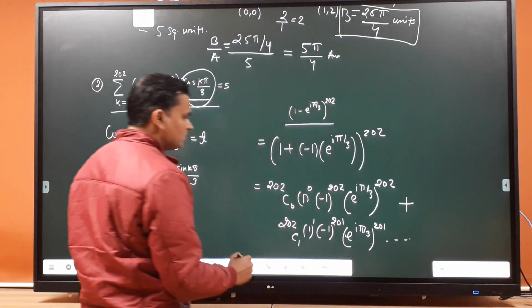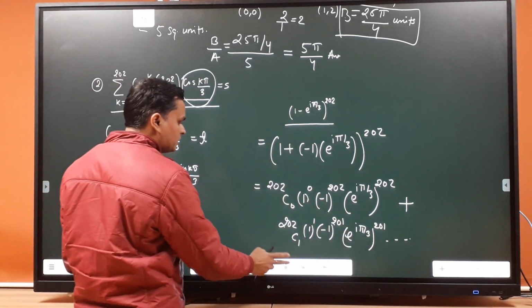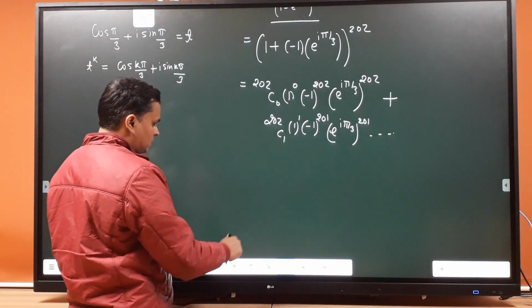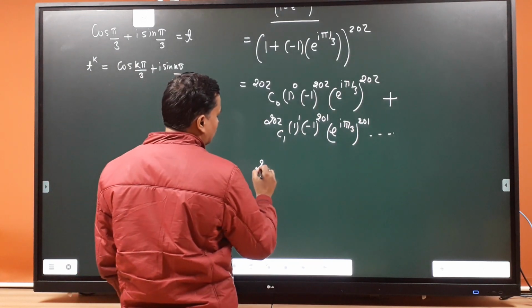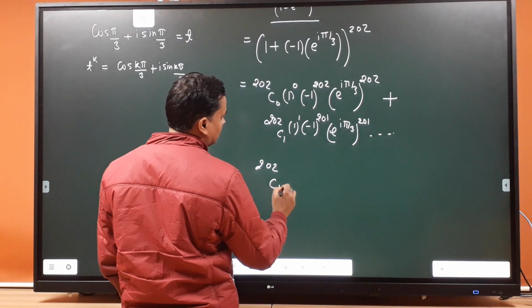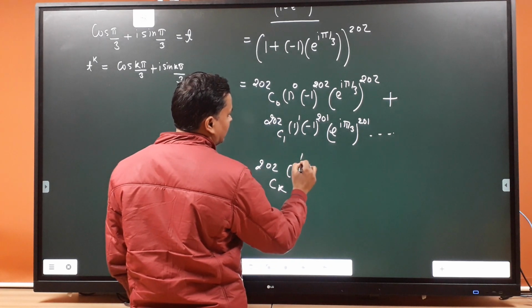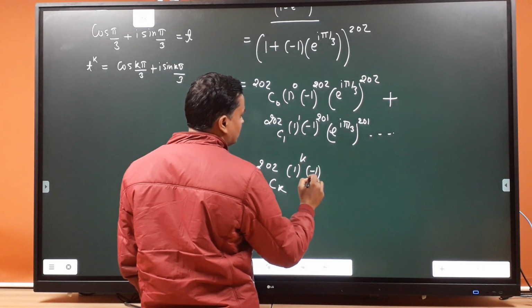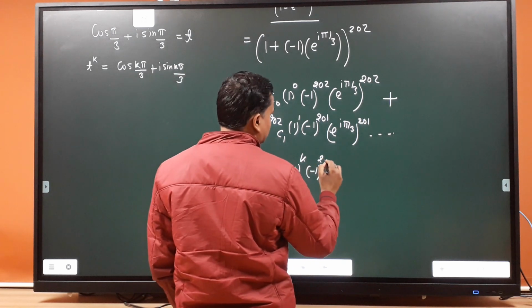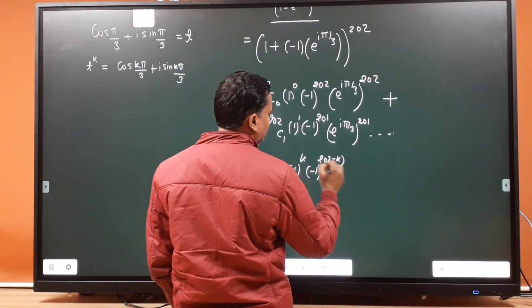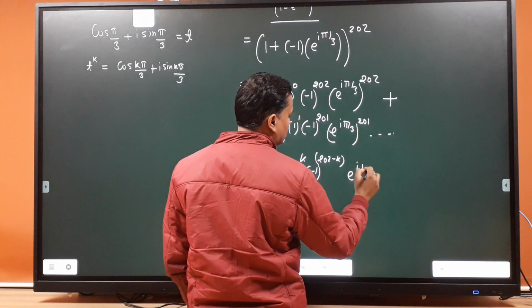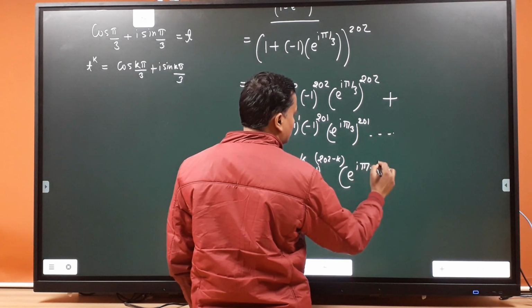Similarly, the kth term can be written, and it will come out to be 202 Ck, 1 power k, minus 1 to the power 202 minus k, and e to the power i pi by 3 to the power 202 minus k.